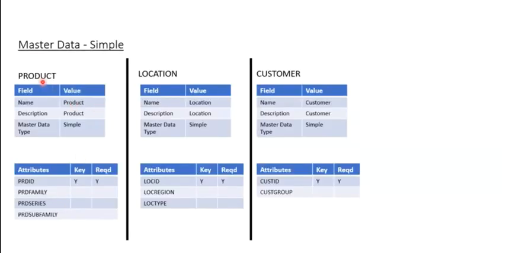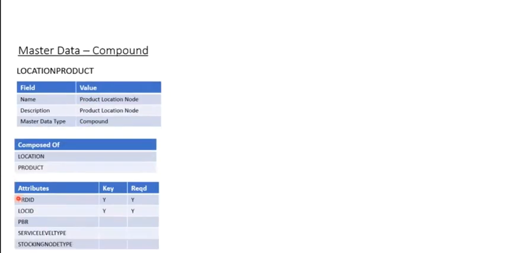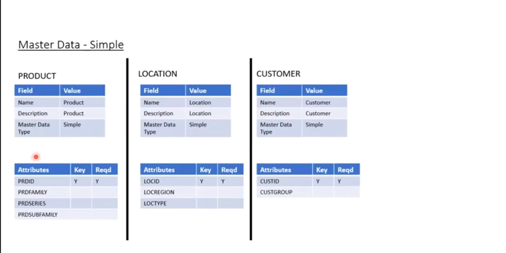So simple is the singular thing: product, location, customer. But when I talk about compound, I have the composition of each and everything. The difference is that under simple, I will have only one attribute, which will be my root key, my primary key.